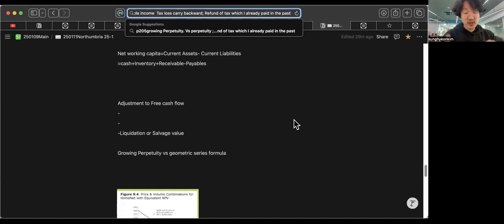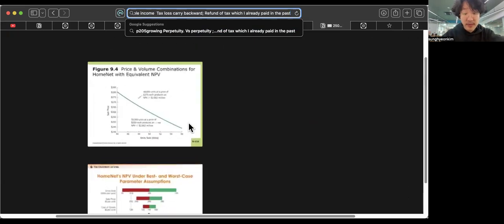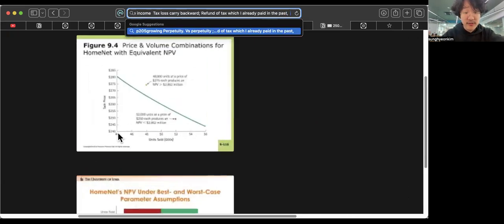And when we do adjustment of cash flow, we need to think about liquidation and salvage value at the end. And for NPV, the first graph has only two parameter changes in NPV. So price and volume combinations for equivalent NPV, only two parameters are changed.